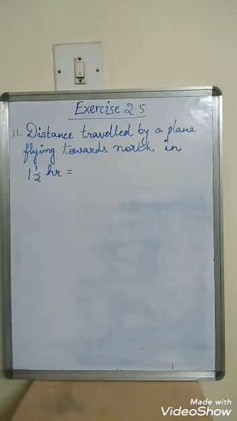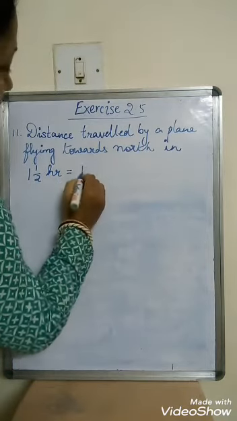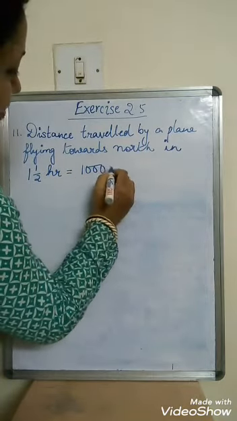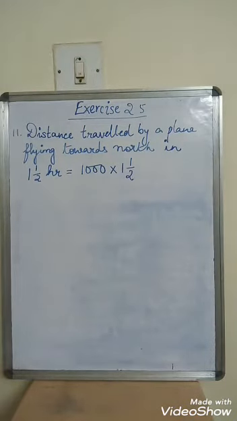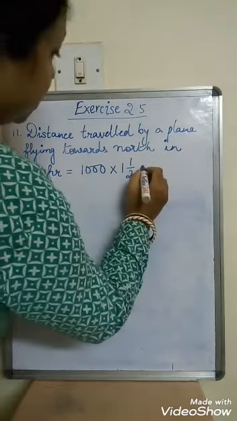So we know that according to the question, the aeroplane which is flying towards the north is flying at a speed of 1000 km per hour. So what we are going to do is 1000 km per hour into 1.5 hours.